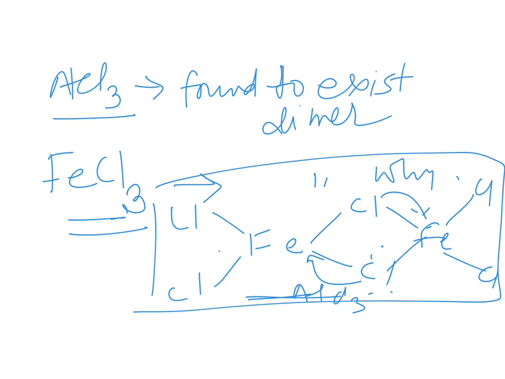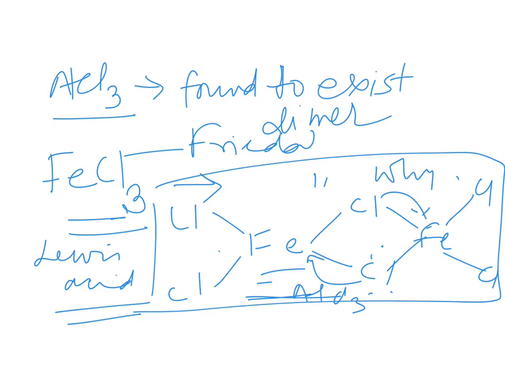It is attached to another FeCl3 in this form, right? And it acts as a Lewis acid also, as it is electron deficient, that's why. And it is also used in Friedel-Crafts reaction.